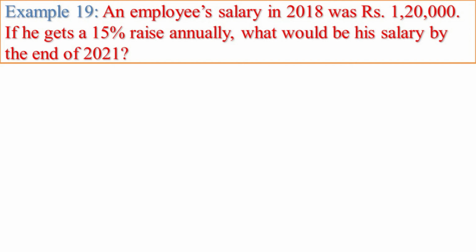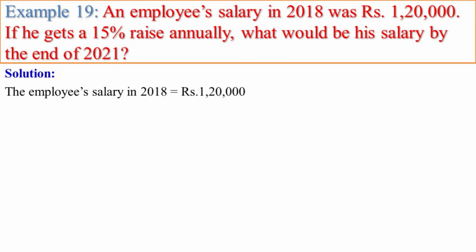Every year he gets an increment of 15%. So we have to find his salary amount at the end of 2021. What they have given? The employee's salary in 2018 is rupees 1,20,000. Increase in salary every year is equal to 15%.